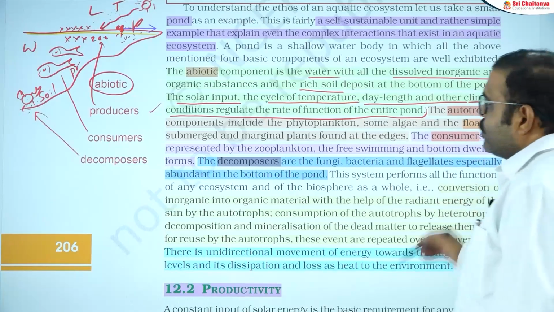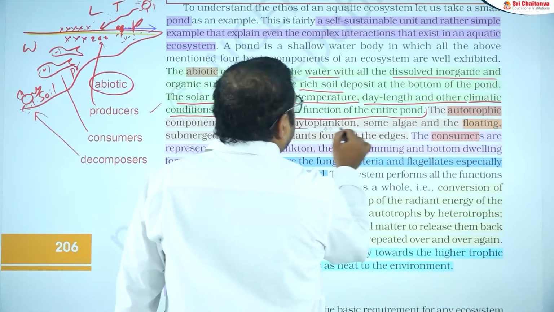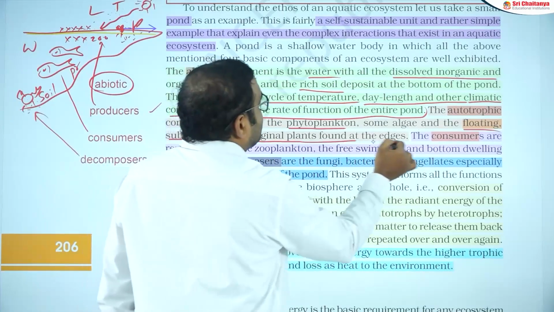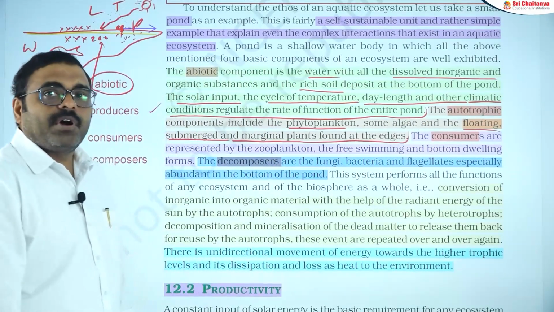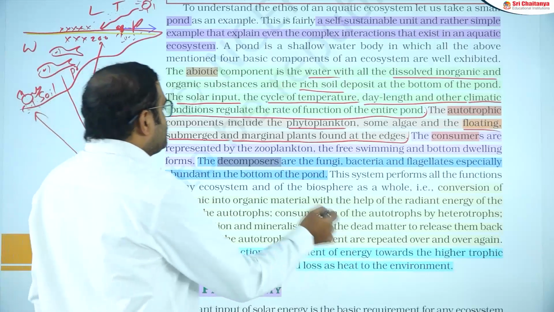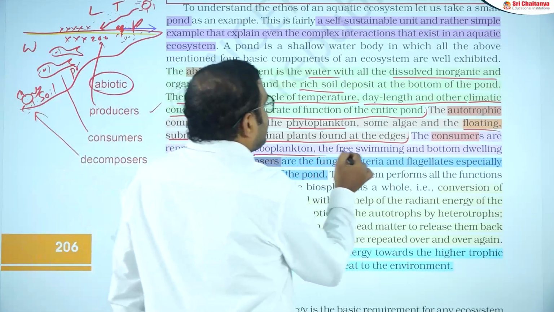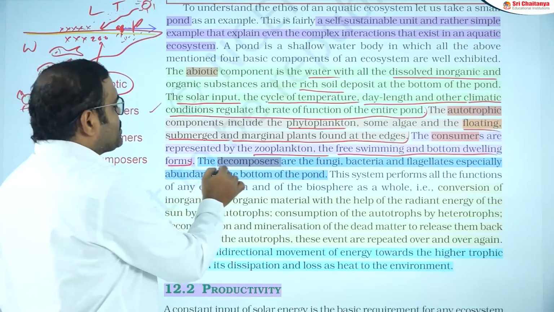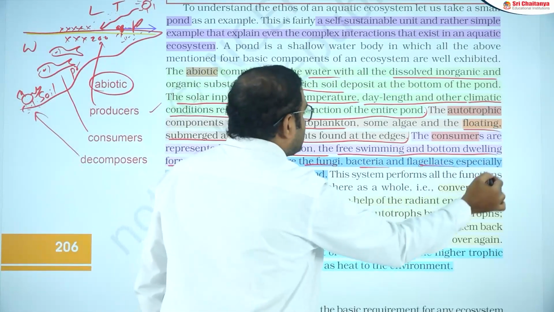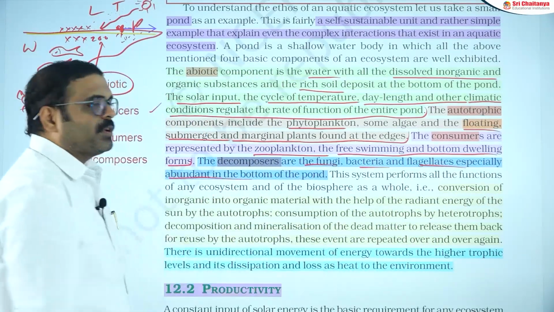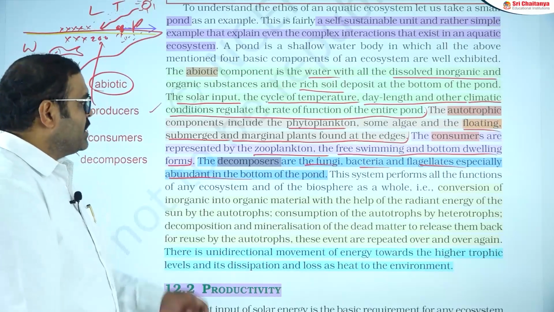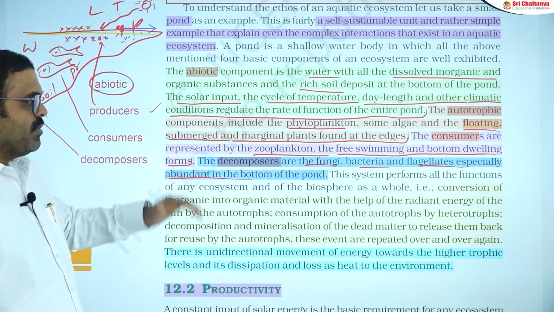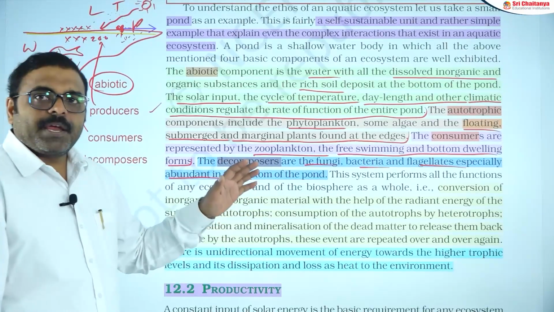The autotrophs, meaning the producers, are phytoplanktons, and next floating, submerged and marginal plants found at the edges. They are all under the category of autotrophs. Next, consumers are zooplanktons, free swimming and bottom dwelling organisms. Next, decomposers are fungi, bacteria and flagellates, especially abundant at the bottom of the pond, all together under decomposers. So here all organisms are involved at different levels of their adaptation.